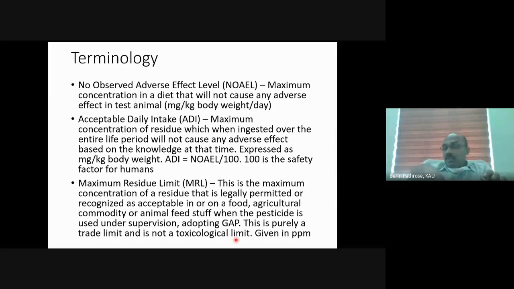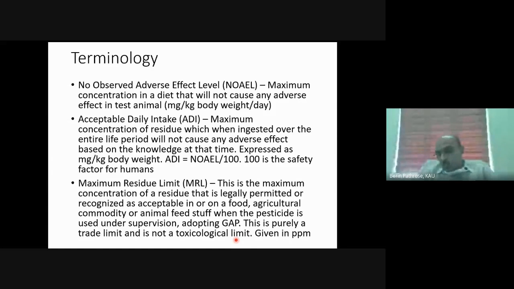So here, one thing you should remember is it is the maximum concentration. I told you Abhishek took 10 rabbits, and with each rabbit, 1, 2, 3, 4, 5, 6, 7, 8, 9, 10, he has increased the dose for each animal. And up to the fifth animal, there was no adverse effect, even though these five animals were fed with that particular chemical.